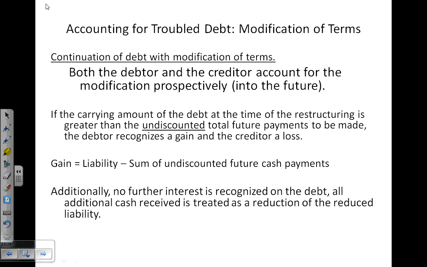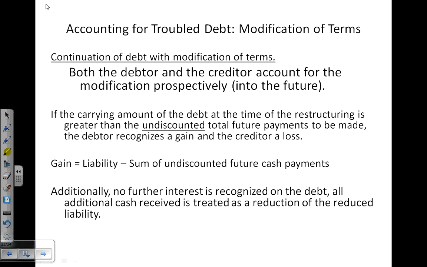Both the debtor and the creditor are going to account for the modification prospectively, obviously into the future. And this is the key. Let's talk about the debtor first. If the carrying amount of the debt at the time of the restructuring is greater than the undiscounted total future payments to be made, the debtor recognizes a gain and the creditor a loss.